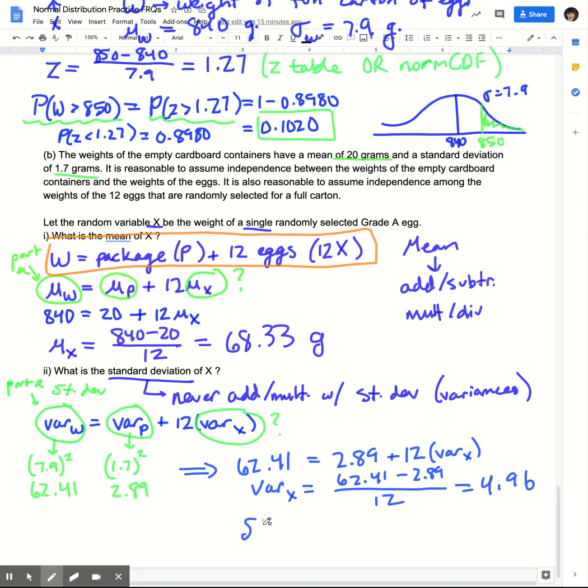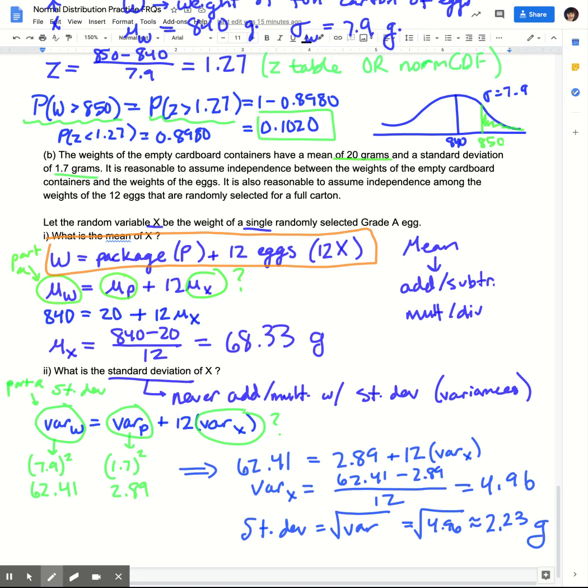So that means that the standard deviation is the square root of variance. So the square root of 4.96, which is approximately 2.23, pardon me. And I did all this in a calculator beforehand. 2.23 grams, okay?